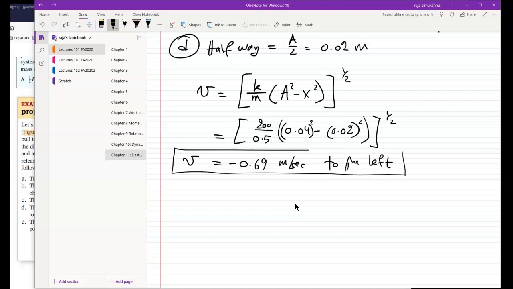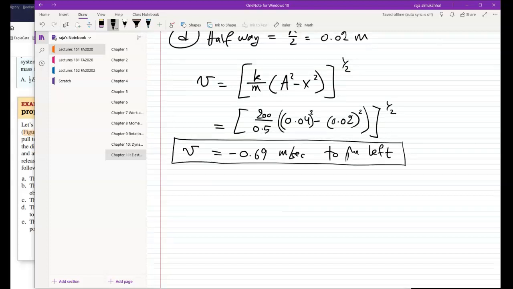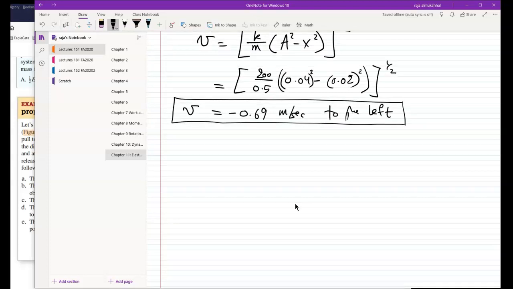Okay. And then he says the acceleration. Well, the acceleration is k over m times x. X is also moving to the left, so there should be a minus sign there, right? So in this case, we would have 200 over 0.5 times 0.02, which is A over 2, and that will give me negative 8 meters per second squared.